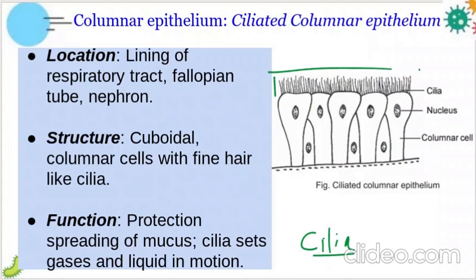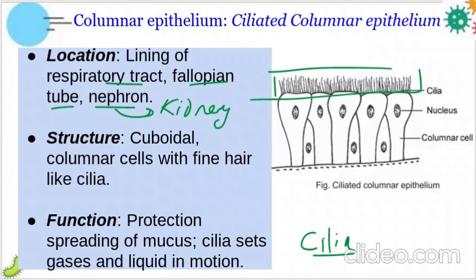Here you can see these are the cilia. It is present in the lining of the respiratory tract, in the trachea and everything, then the fallopian tube, and even the nephron in the kidney.